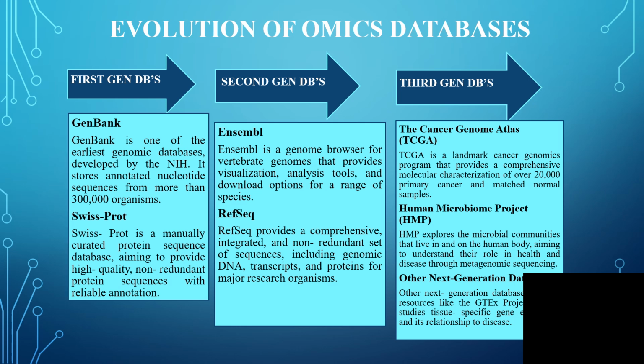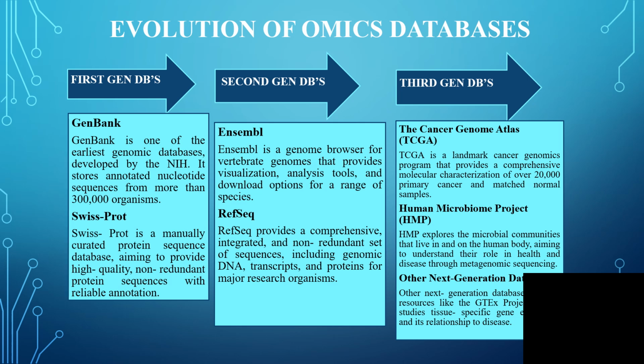Second generation databases include Ensembl and RefSeq. Ensembl offers genome annotations and comparative genomics. For example, researchers studying genetic disorders like Huntington's disease rely on Ensembl to map and compare genes across species. RefSeq provides standardized reference sequences, often used in clinical diagnostics for diseases like cystic fibrosis.